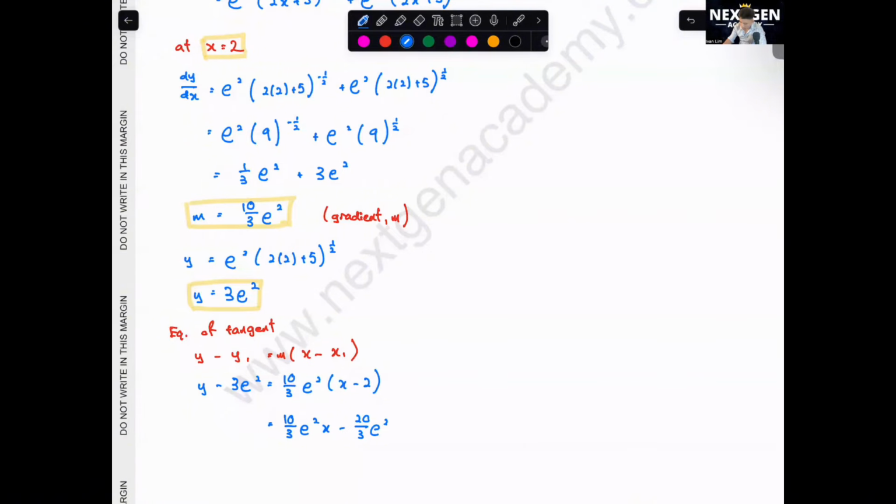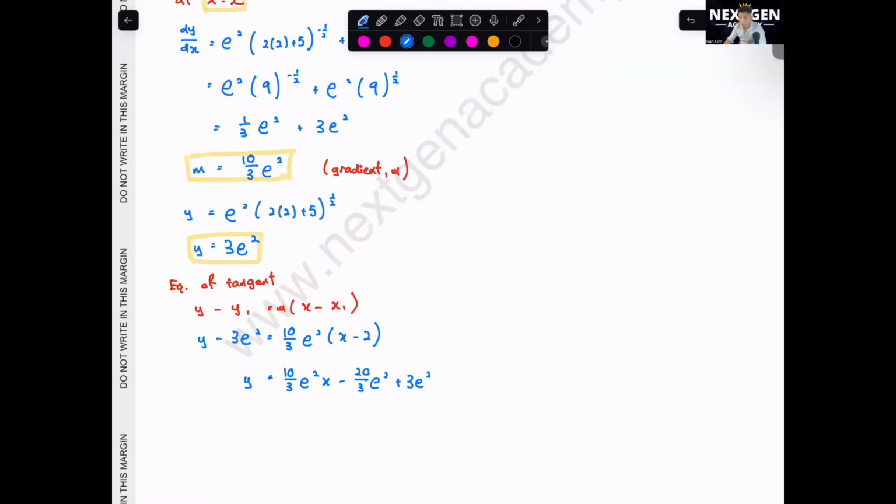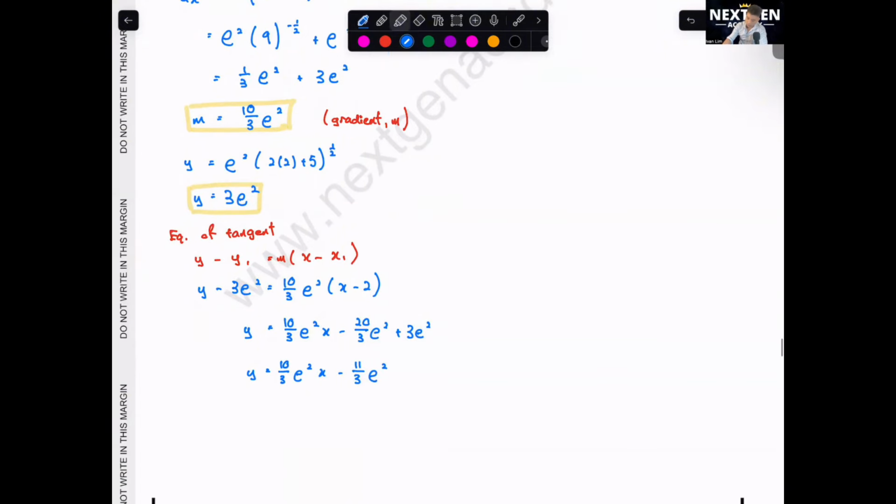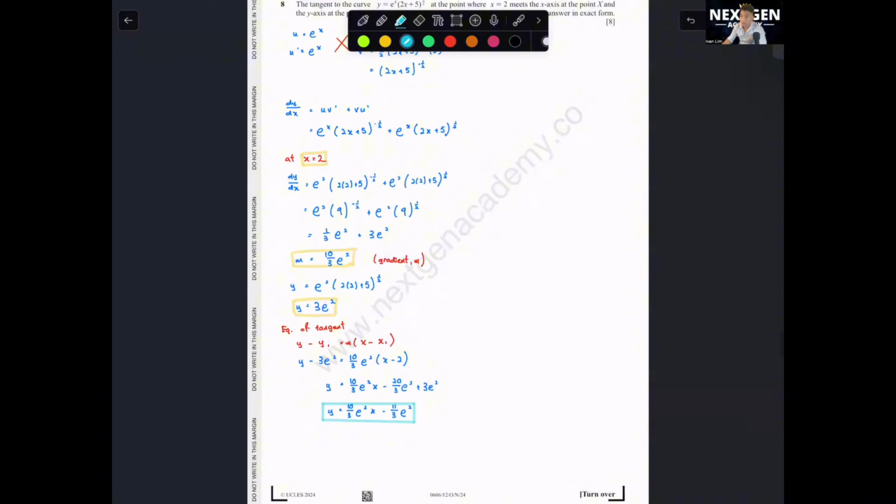We can bring the 3e squared to the right-hand side, plus 3e squared. Minus 20 over 3 plus 9 over 3, so minus 11 over 3 e squared. Okay, all good until here? Equation of the tangent.